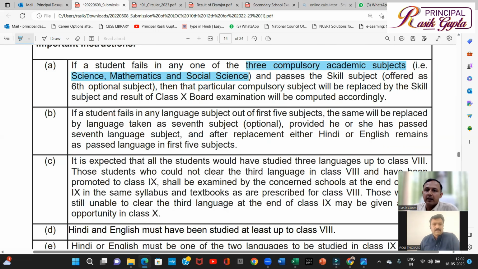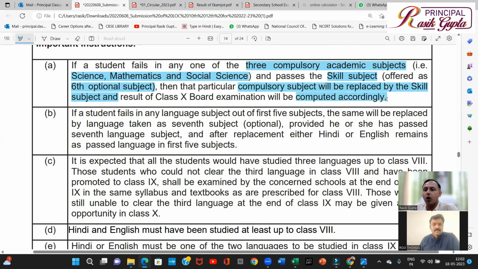If a student fails in any of the 3 compulsory subjects and passes in the skill subject, which is the 6th optional subject, it can be IT or any other skill subject, then that particular compulsory subject will be replaced by the skill subject. The result of class 10 board examination will be computed accordingly.